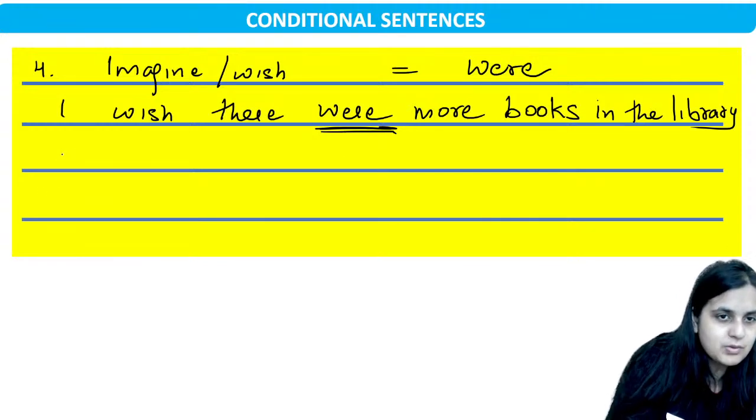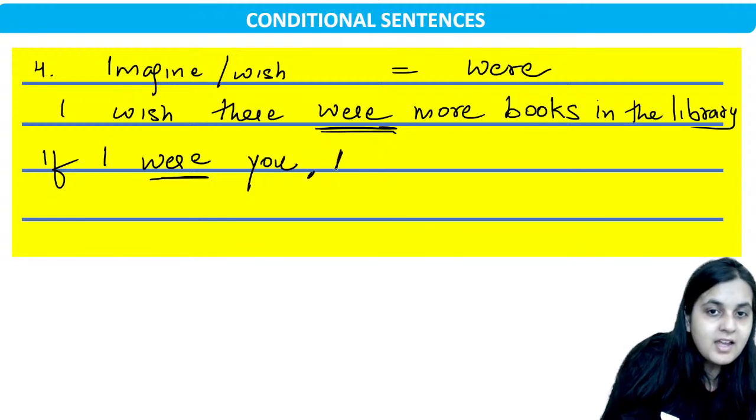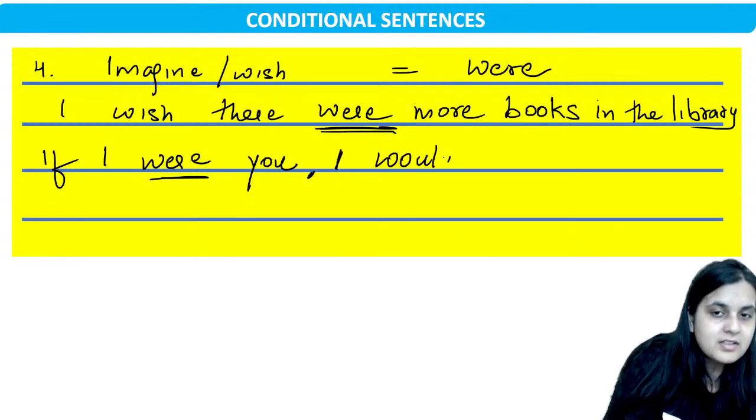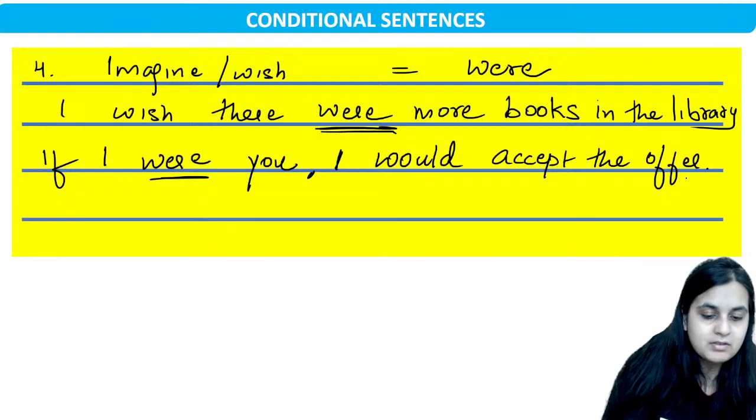And when you imagine also, for example, if I were you, you're imagining or wishing or putting yourself in another person's place, I would accept the offer. You will not say I would have accepted.